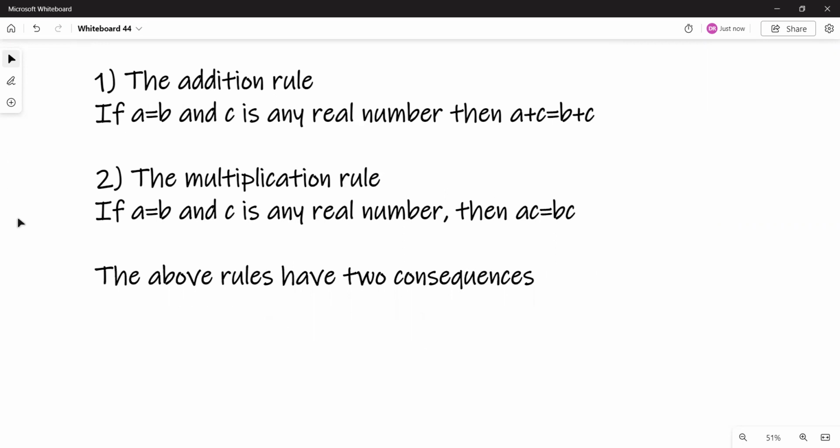The first one, I can call that 3: if A equals B and C is any real number, then A minus C equals B minus C. So you can subtract the same thing from both sides. There is no need to write that separately because C is any real number, so it can be a negative number.